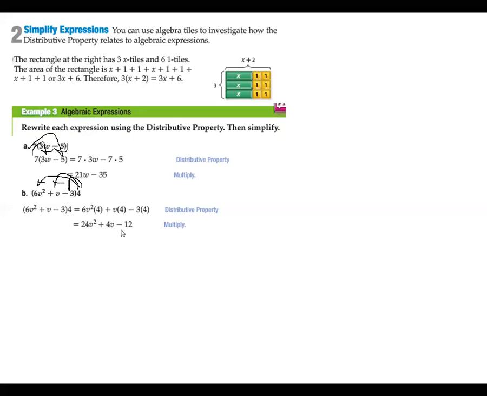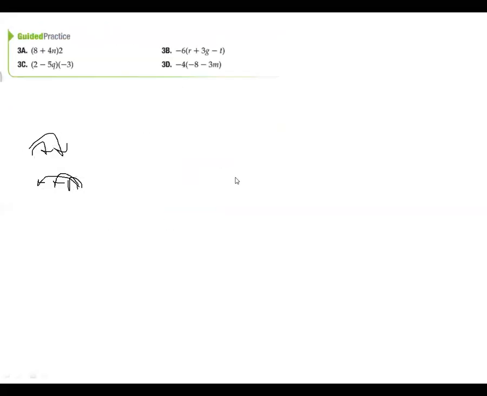And 3 times 4 is going to be 12, so it's minus 12. Now, none of these are what we call like terms because they are not the same thing. This one is a constant. This one has the variable v, and this one has the variable v squared. So you can only add or subtract terms that are constants, or that have the same variable and the same exponent if there's an exponent involved, okay?